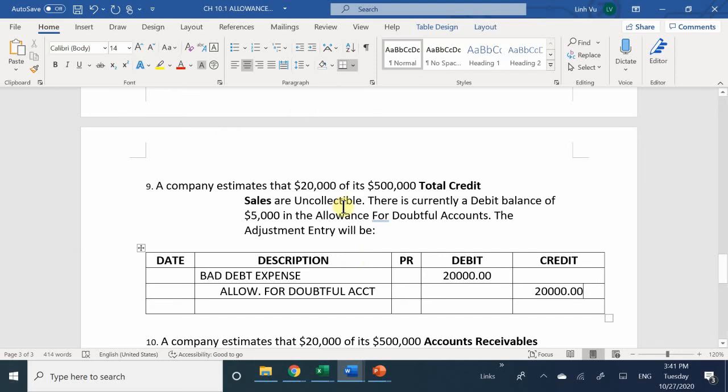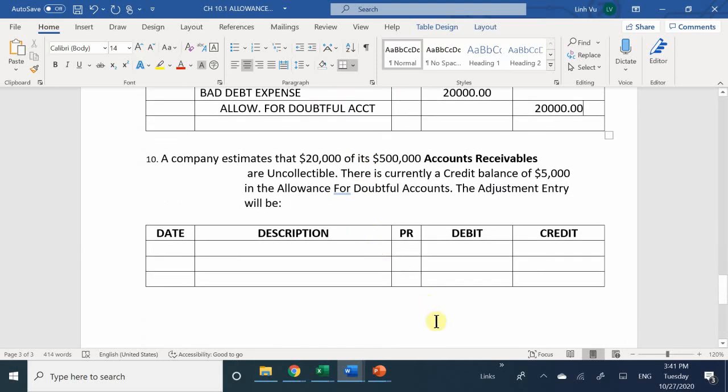So again, let's try this again. If a company estimates that 20,000 of its 500,000 accounts receivable is uncollectible, and there is currently a credit balance of $5,000 in the allowance for doubtful accounts, the adjustment entry will be... So accounts receivable, so this is going to be the balance sheet, good.